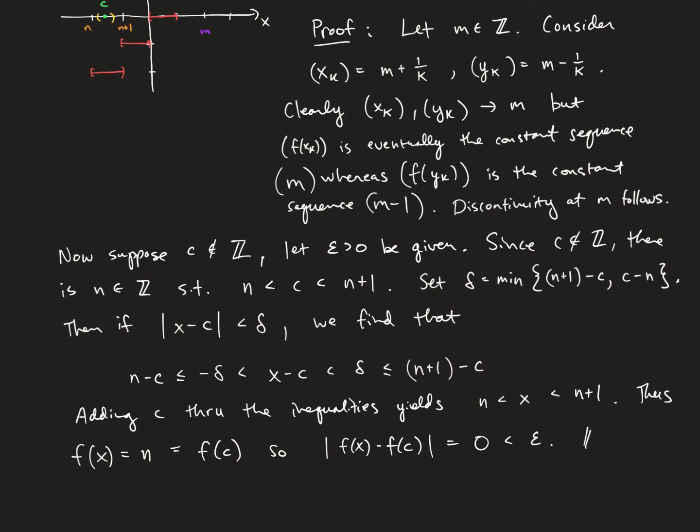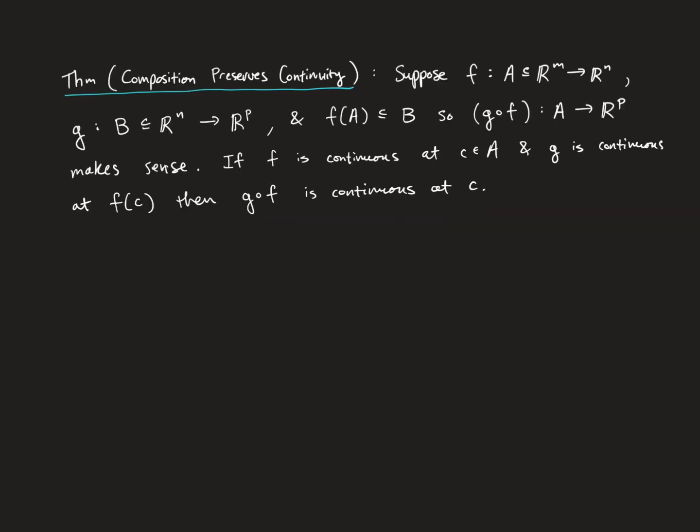Okay, so that establishes continuity at C. And so the final note we'll end on is a general theorem about composition preserving continuity. So let's say we have a function f defined on some domain A in Rm going to Rn, and then we want to follow that up by some function g, which is defined on a domain B in Rn going to Rp, say.